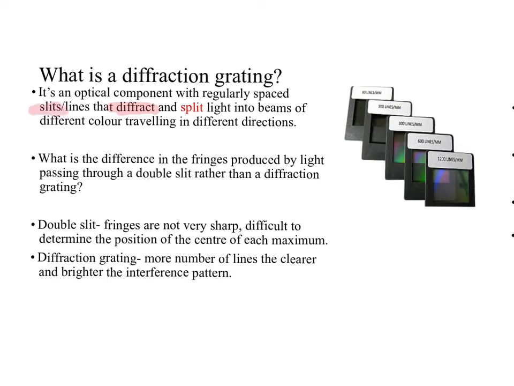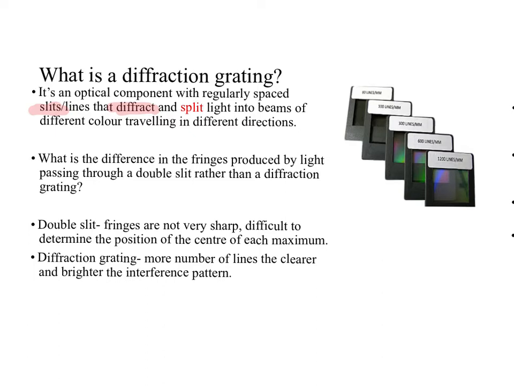So there's a lot of them, and when they diffract, they'll split light into beams of different colors. So if it's white light, as it spreads it out, we know that white light is composed of the rainbow colors, so it will split the light into beams of different color, and they will be traveling in different directions. So basically, a diffraction grating just simply has a lot of slits that diffract light.